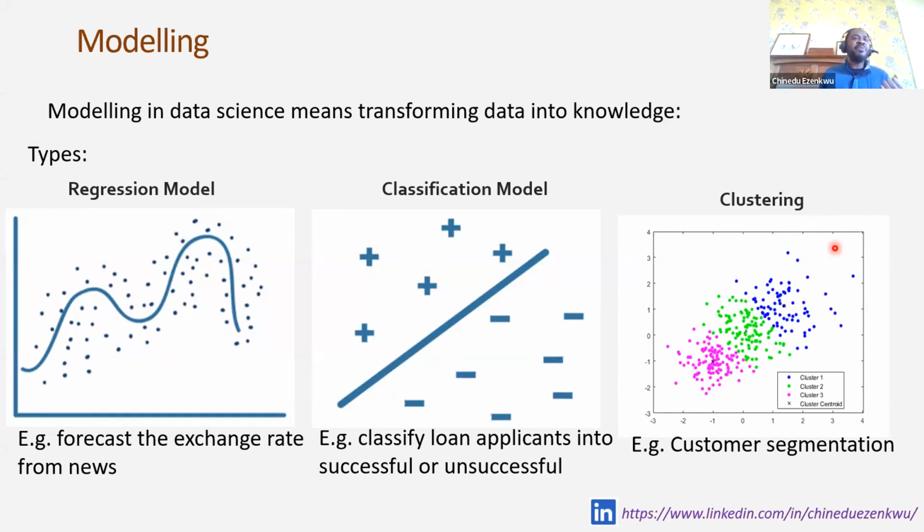A typical example of where this is used is in customer segmentation. Assuming a particular business has millions and millions of customers, they want to understand these customers and be able to design marketing programs to improve their revenues. Now, if they want to know each person individually, it's going to be difficult. What are they going to do? They will decide to put these people into groups.